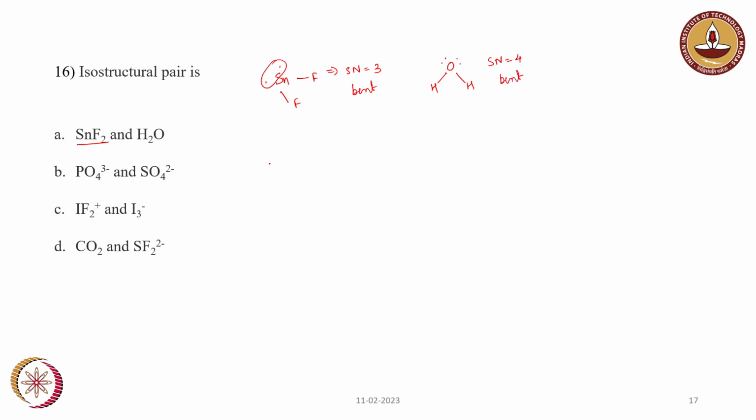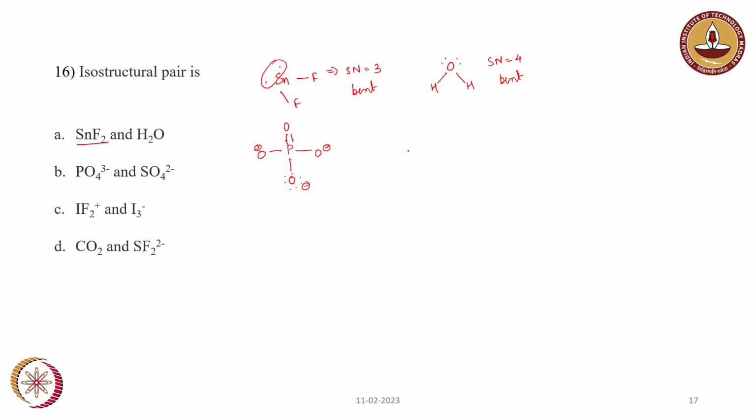Next one is PO4 3 minus, where P has 5 valence electrons and forms bonds with 4 oxygens. And there are 3 negative charges, so we'll add them to oxygen. So it will be 2, 4, 5, 6 and 7. So this will be O minus, and a double bond O.